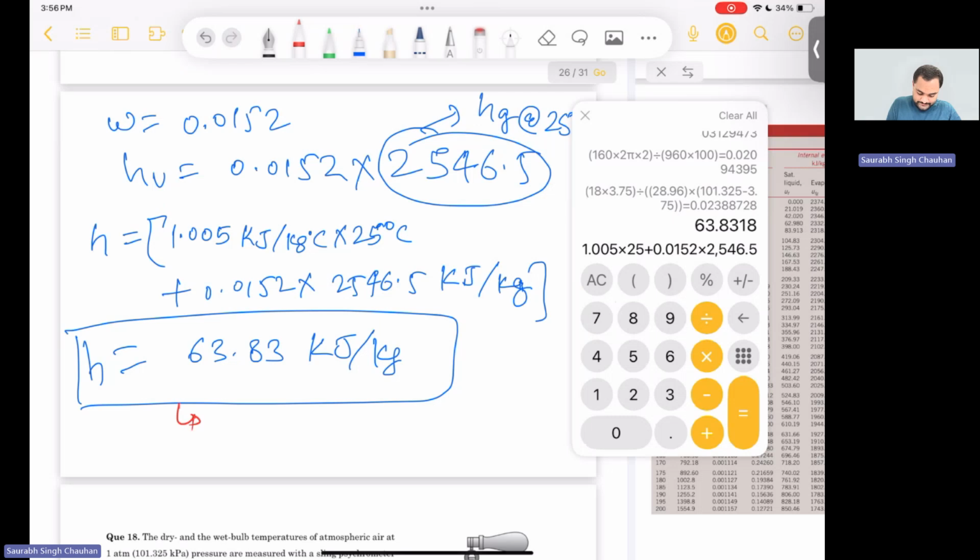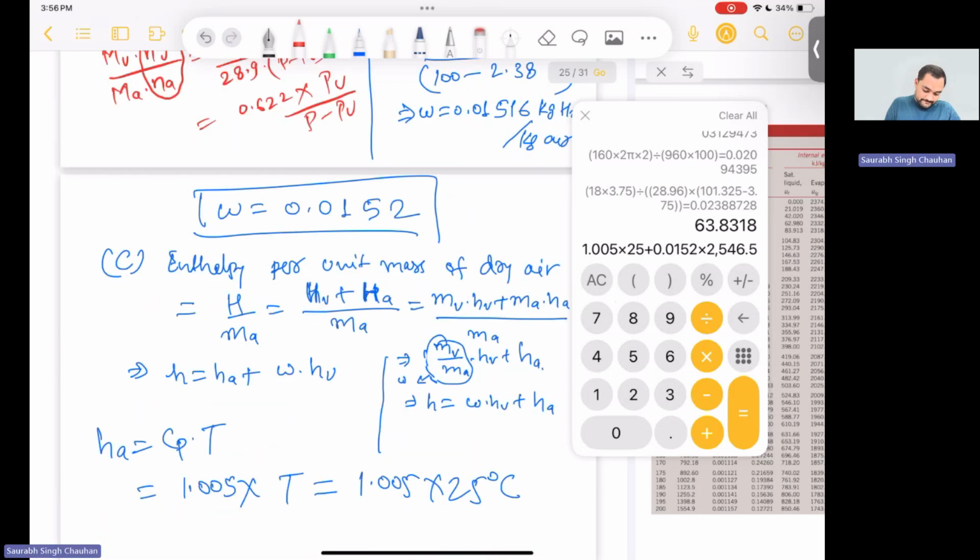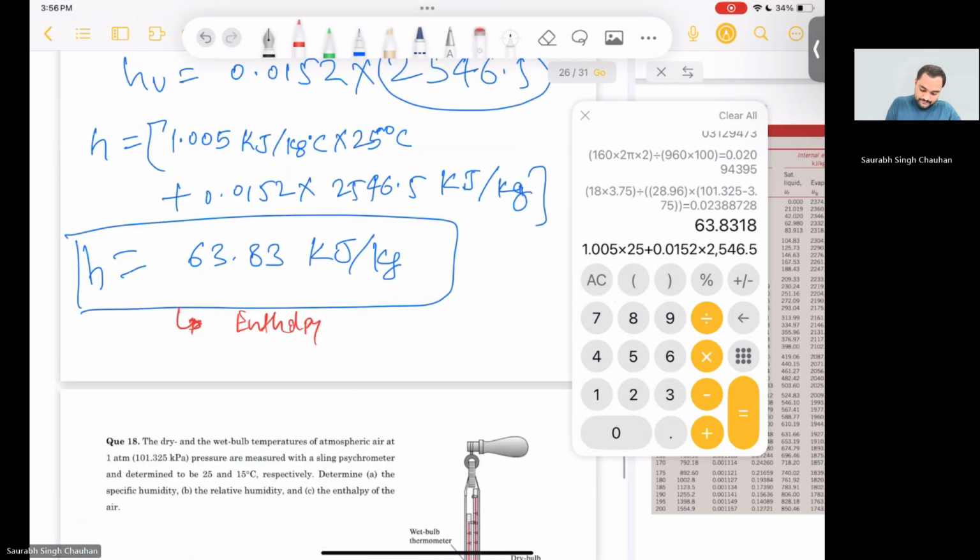So this is our enthalpy per unit mass of dry air.